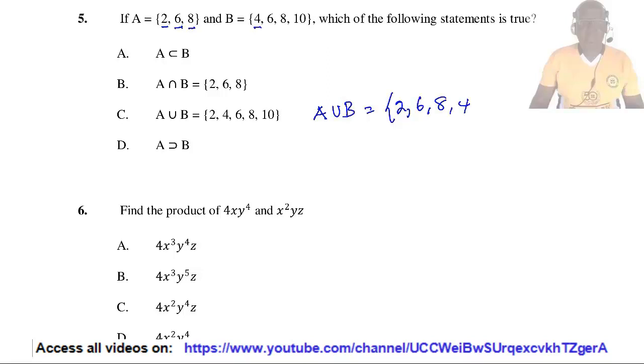We've got 6 here, we've already written down 6. We've got 8 here, we've already written down 8. We've got 10 here, so 10. Now let's arrange the elements in ascending order. So 2, 4, 6, 8, and 10. So C is true.